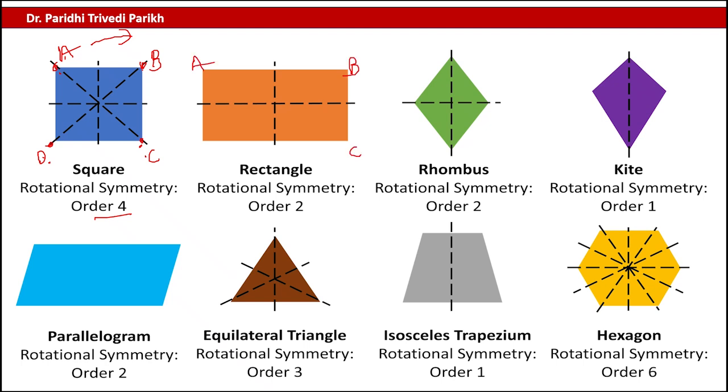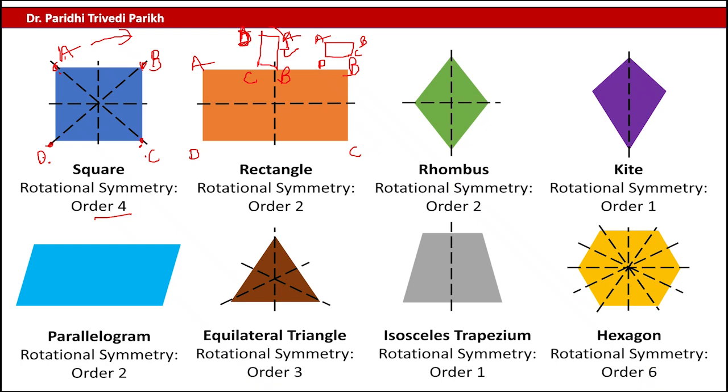Similarly for a rectangle, if this is A, B, C and D, and I rotate it by 90 degrees, I'll get D, A, B, C. Now this figure is not the mirror image or the same image of A, B, C, D. That means it does not have rotational symmetry in this position, right?